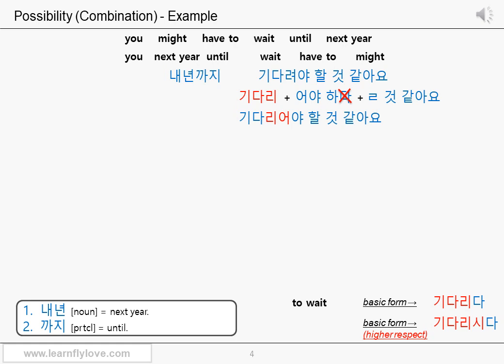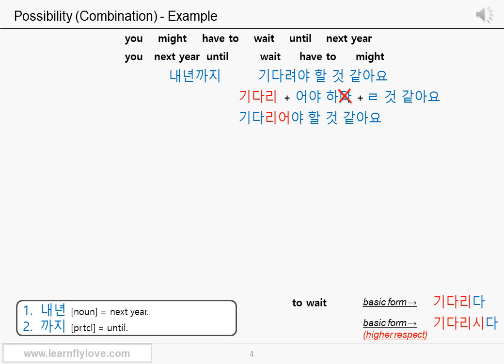So it becomes 기다려야 할 것 같아요. 기다려야 할 것 같아요. But even though you forget to combine 리 and 어 sound and just say 기다리어야 할 것 같아요, native Koreans understand perfectly what you're talking about. So don't worry too much. Next year until, 내년까지. Wait, have to, might. 기다려야 할 것 같아요.